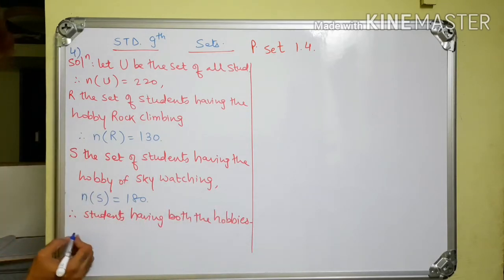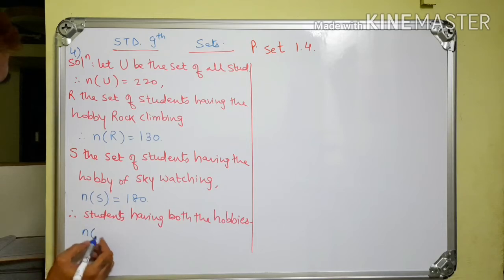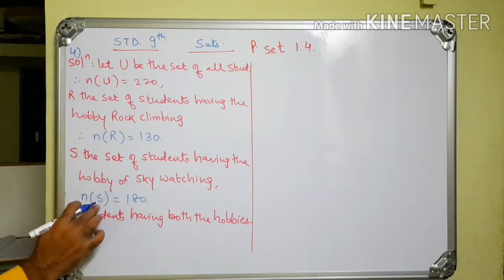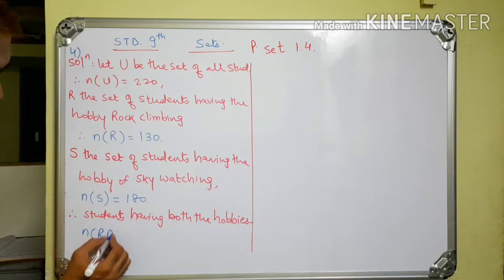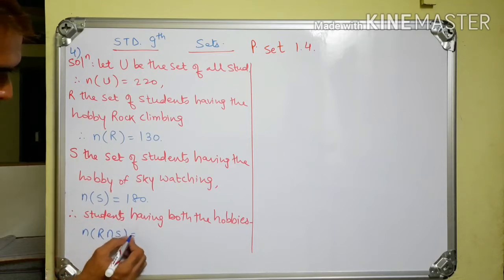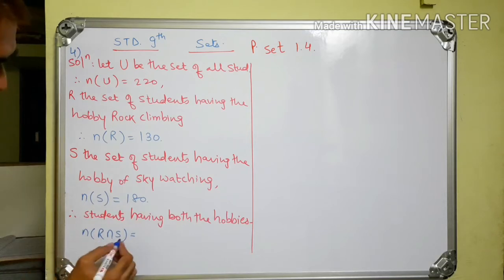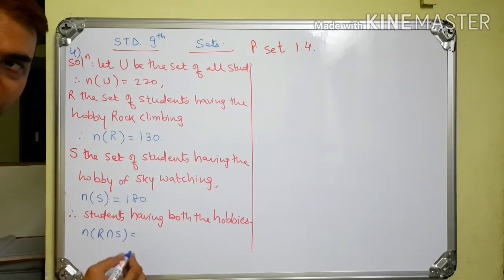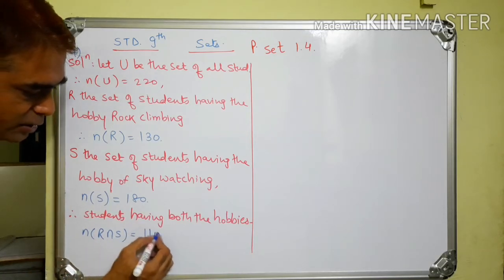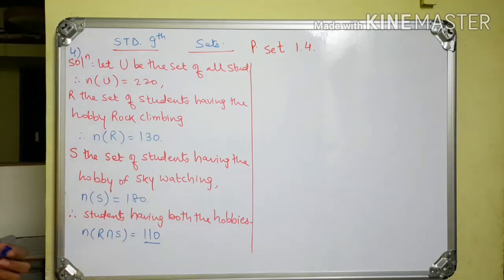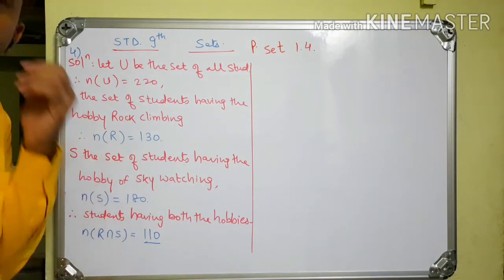Yes, n(R intersection S). These are the students who have both the hobbies. How many are there? These are 110 students.